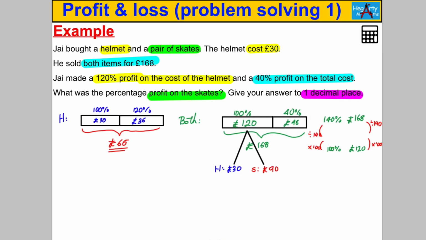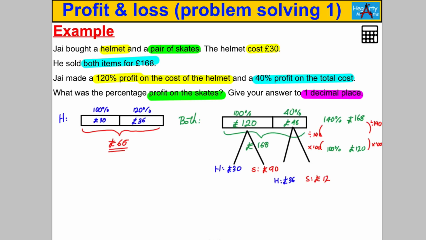And similarly over here with the profit split, we made £48 profit, but I know for sure that on the helmet, I've already worked that out, I made £36 profit, and that means that on the skates, if this adds up to £48 profit, I must have only made £12 profit.